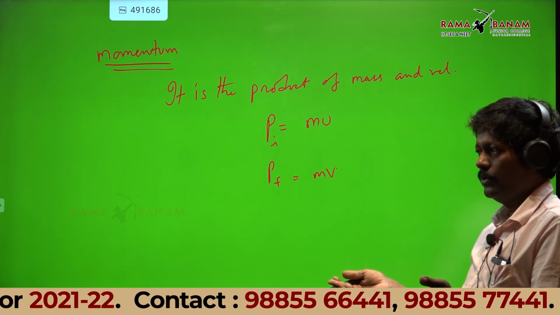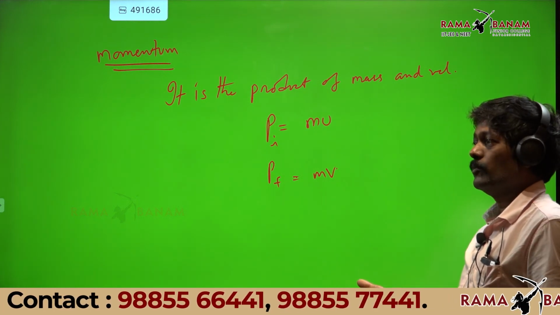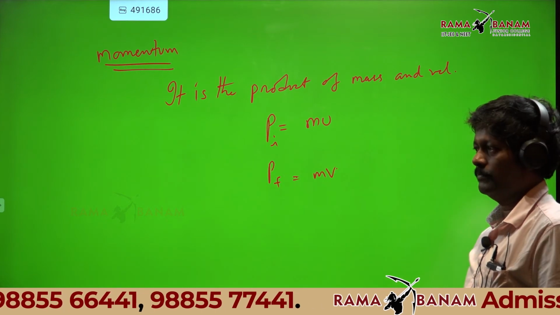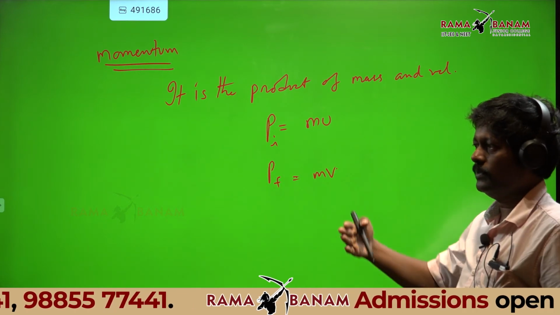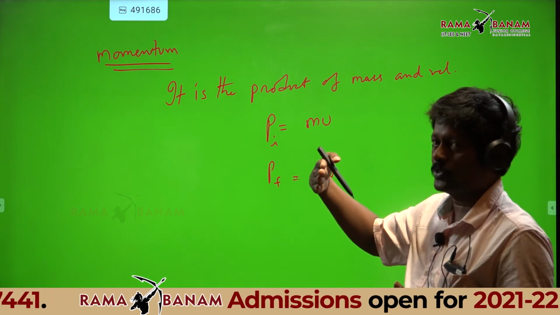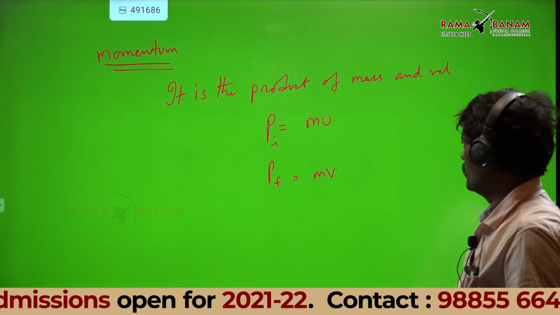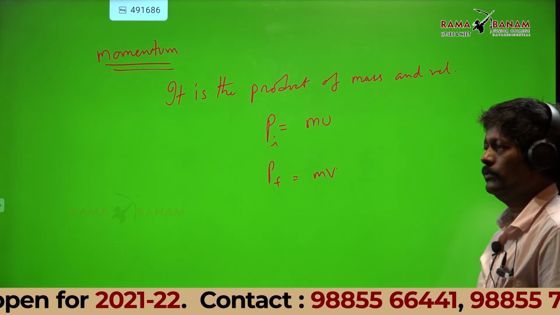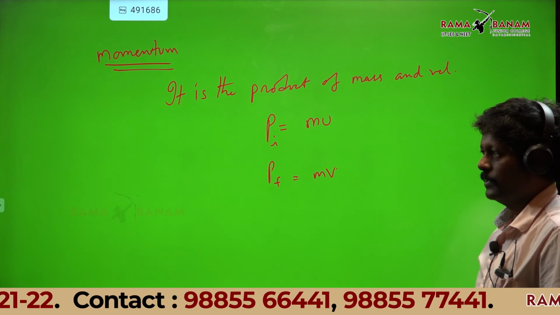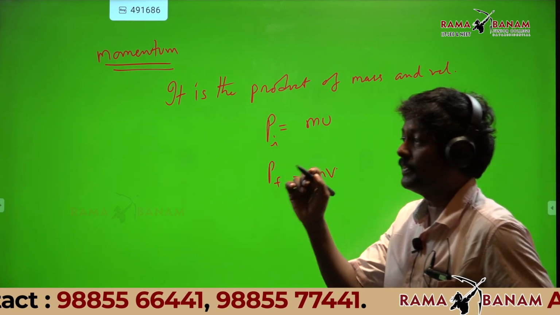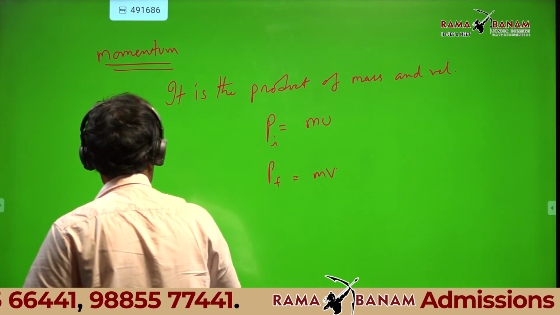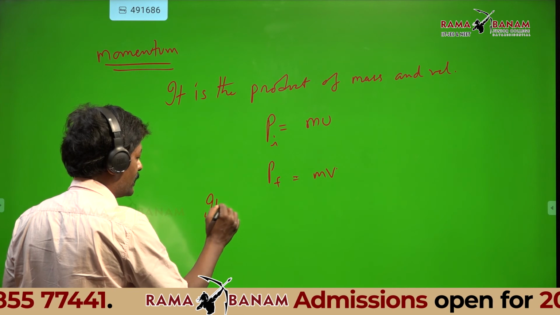If both are large, momentum will be very, very high. Momentum is directly proportional to mass and velocity. Momentum is a vector, write down.